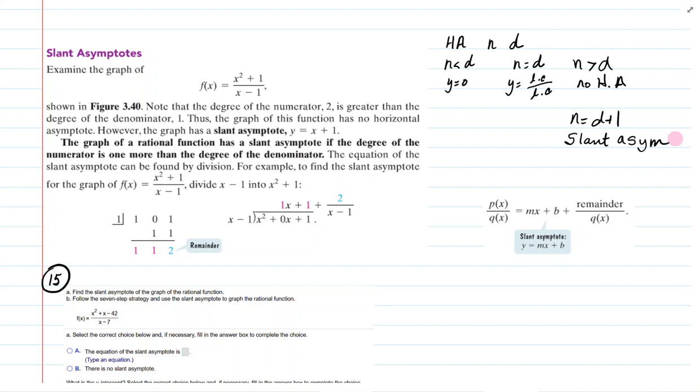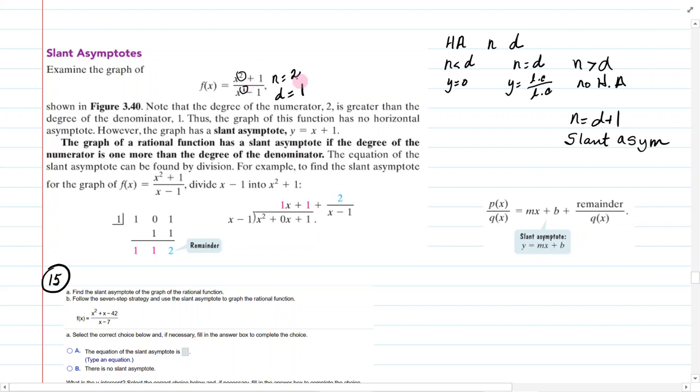So, how do you find this slant asymptote? Here is an example. It's actually out of your textbook. Suppose you had f of x is equal to x squared plus 1 over x minus 1. Little n is 2. Little d is 1 because we're talking about degrees.